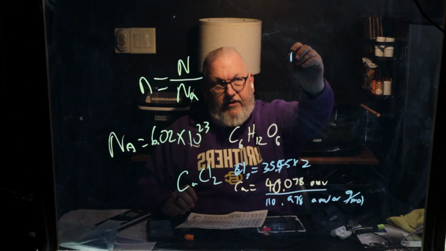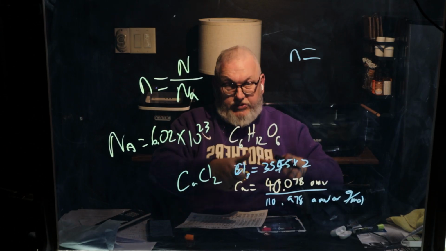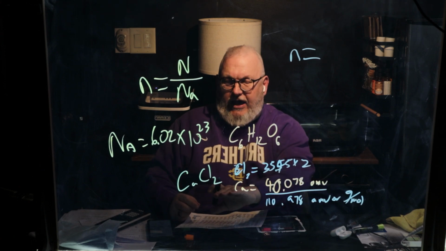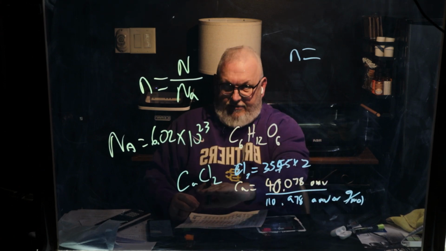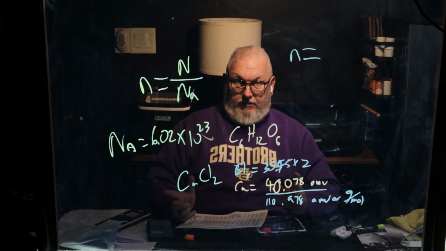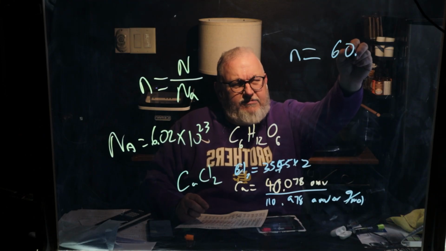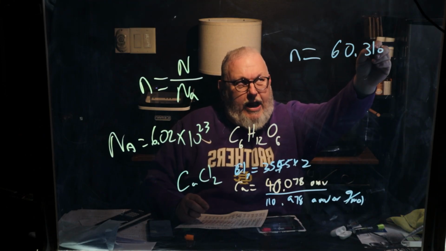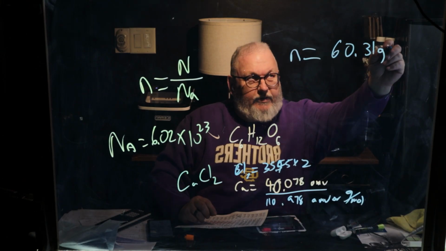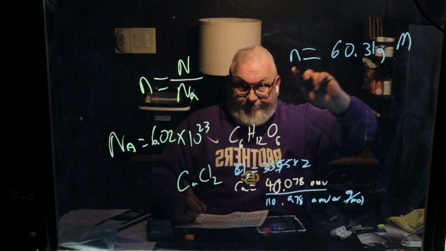So if I want to find the number of moles I have, and I have a mass, which I can weigh in the lab, a mass of calcium chloride, right? When I put it on my scale, my balance, it says I have 60.31 grams of calcium chloride. So that's what we're going to call m, our mass.